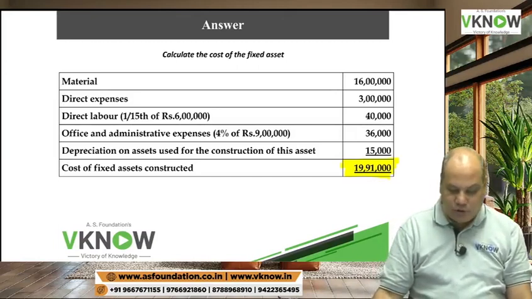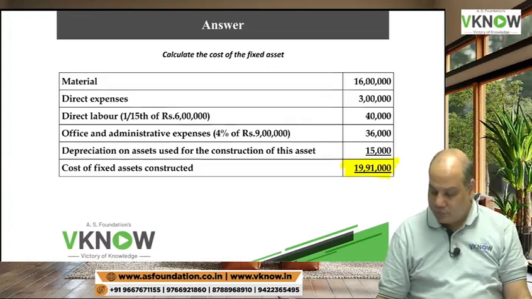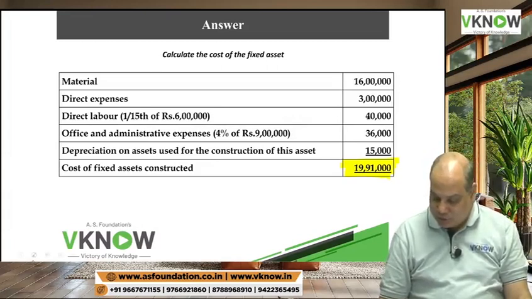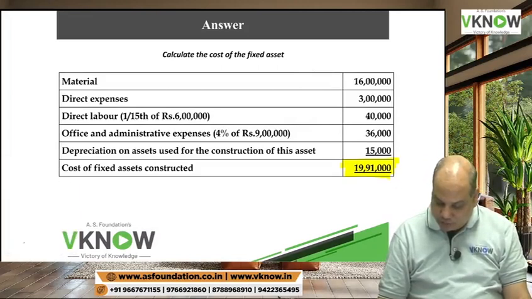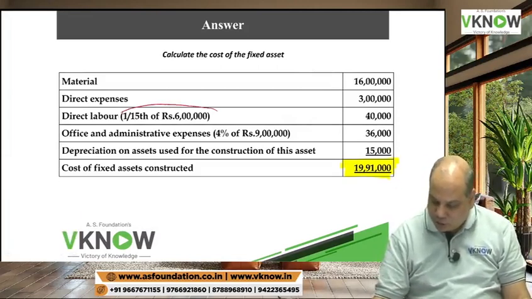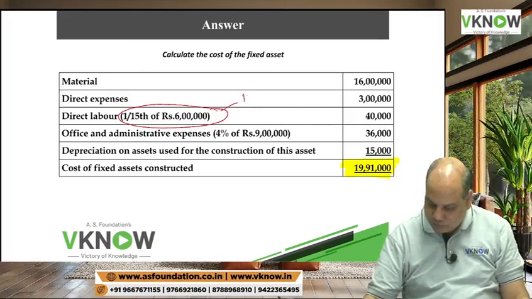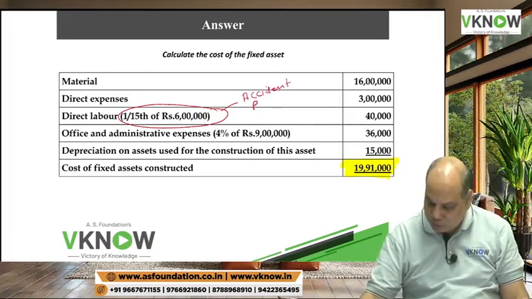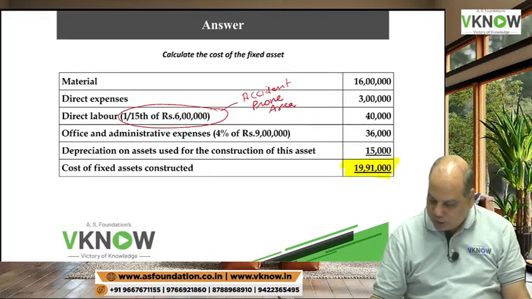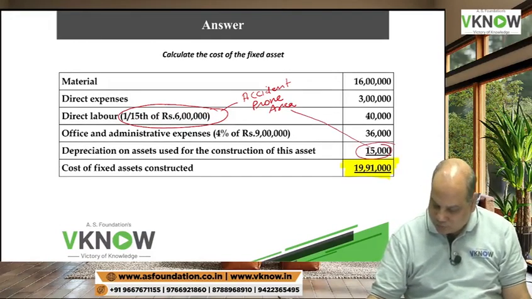This kind of question will be asked for 4 marks. What are the mistakes the student can make? Make a list of the mistakes. First is, he may not do this calculation. So this is one accident prone area. Second, he may not include this.